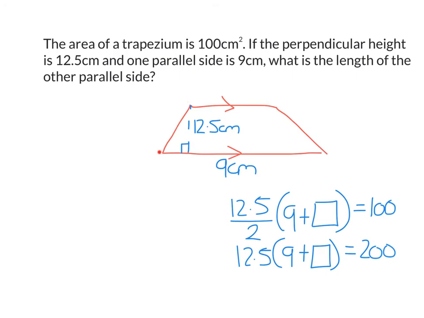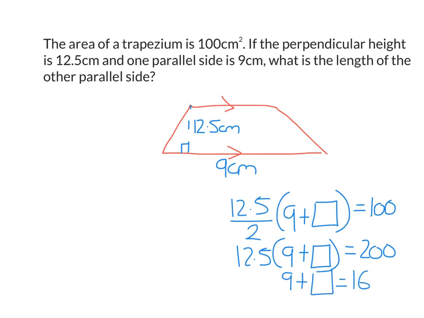This times these two added together must equal 200. So when you divide it by 2, you get 100. So I need to find out what these two parallel sides need to add up to. So what do I times by 12.5 to get 200? Well, I could just go 200 divided by 12.5 on my calculator and I get 16.